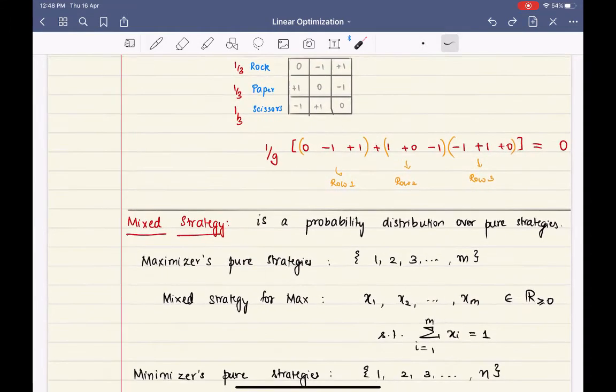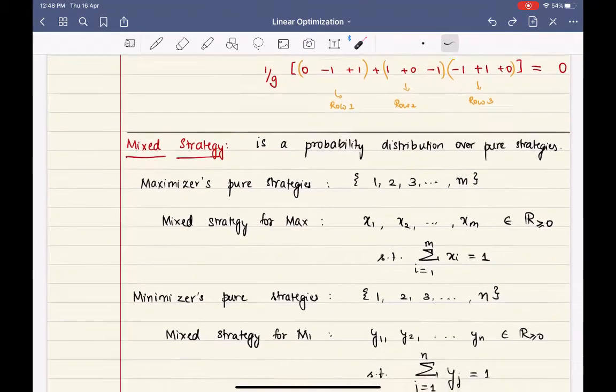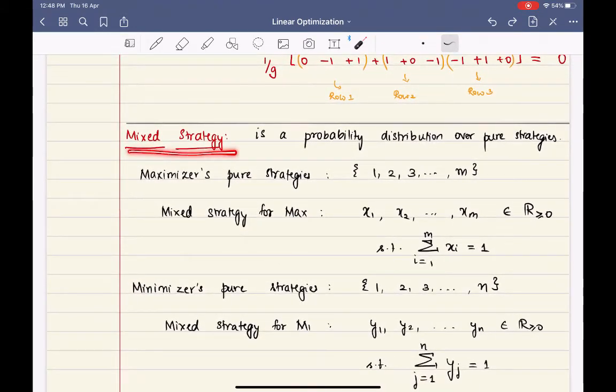So a bit more formally, a mixed strategy is a probability distribution over pure strategies. So what are the pure strategies of the maximizer? There are choices 1, 2, 3 till m. Then a mixed strategy will be given by an m-tuple of real numbers between 0 and 1, such that the sum of them is 1.